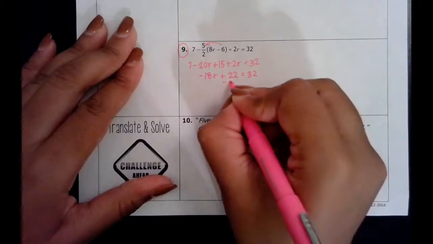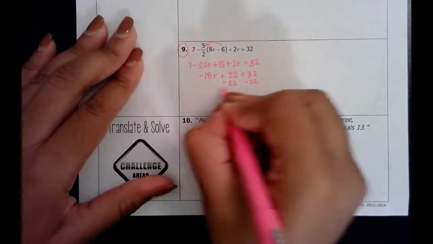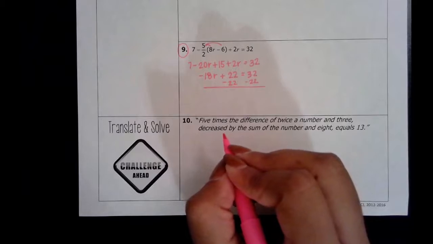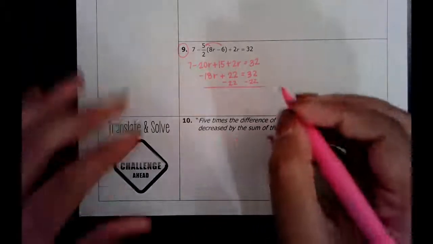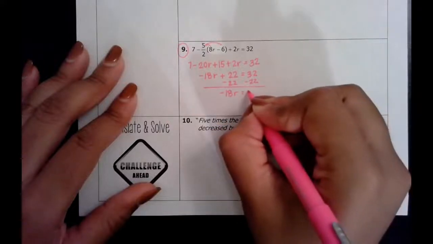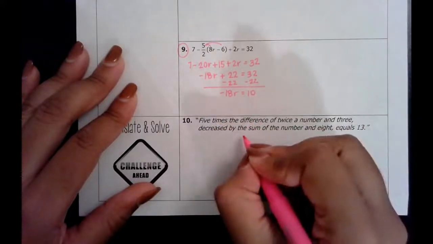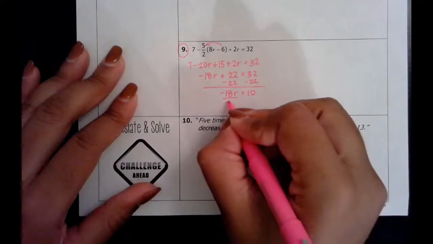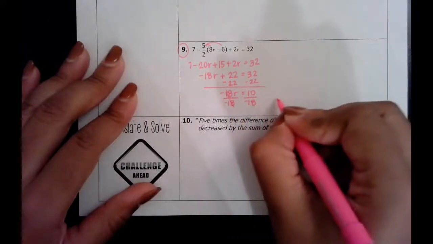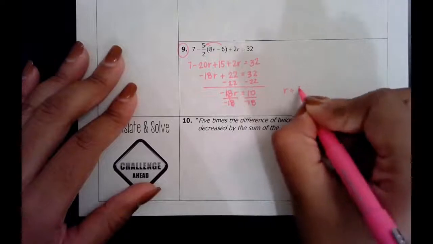Subtract 22 from both sides. That should give us negative 18R equals 10. Divide by negative 18. R equals 10 over negative 18.